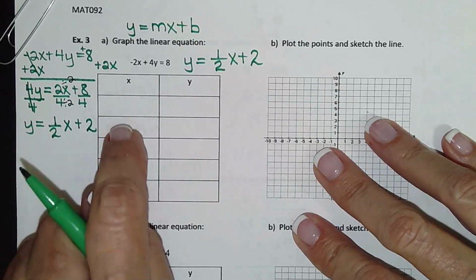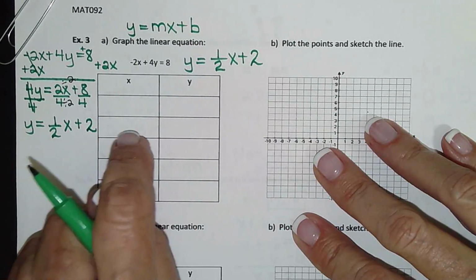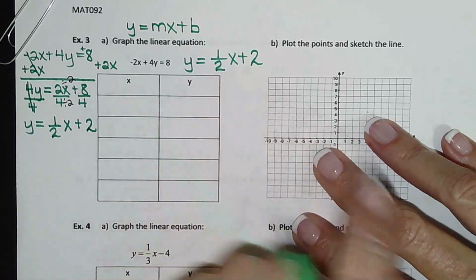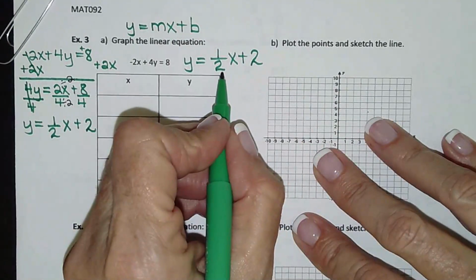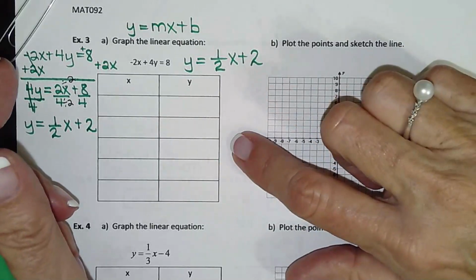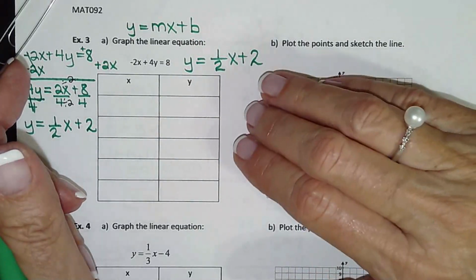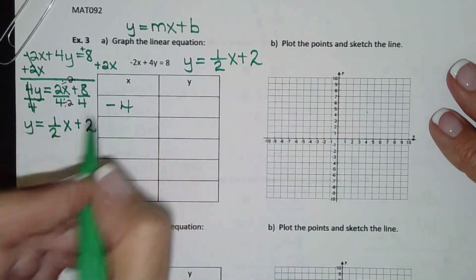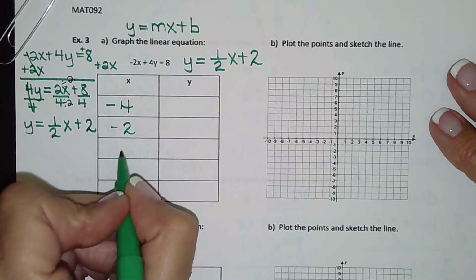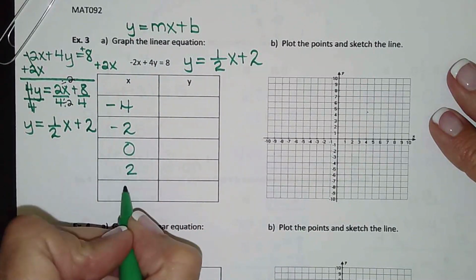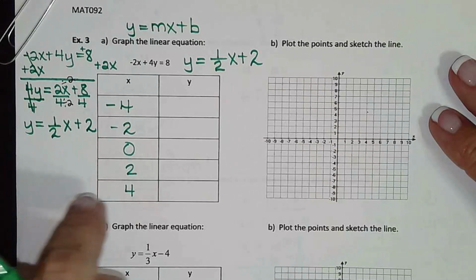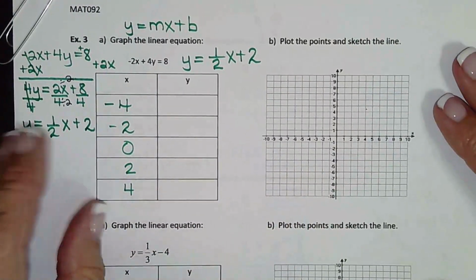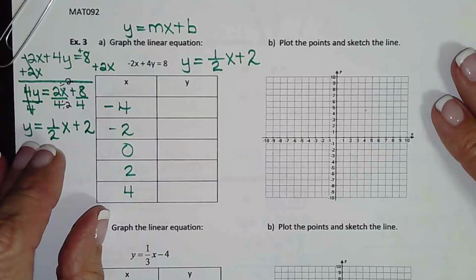So I don't want to pick -2, -1. -1, 2 doesn't go into it. So I pick numbers that 2 go into. 2 goes into 0, 2 goes into 2, 2 goes into 4. So my table is -4, -2, 0, 2, 4. And if I don't pick that, I end up with fractions, and Alex won't let you graph fractions.